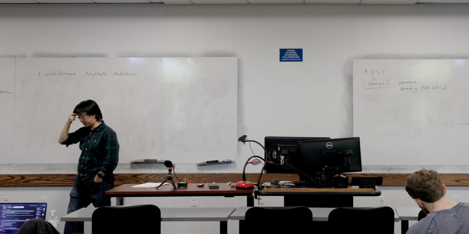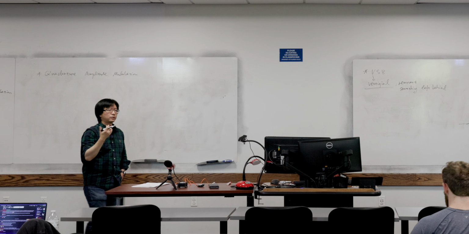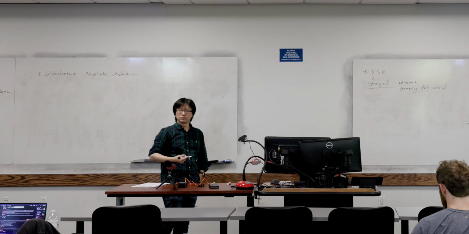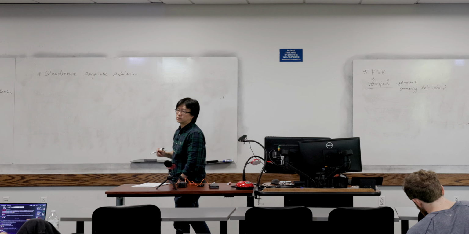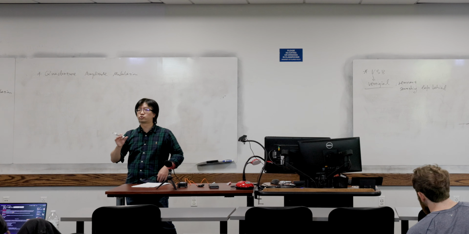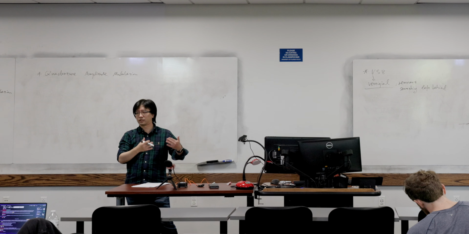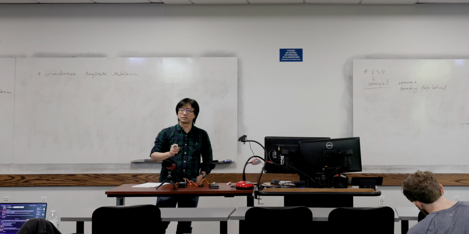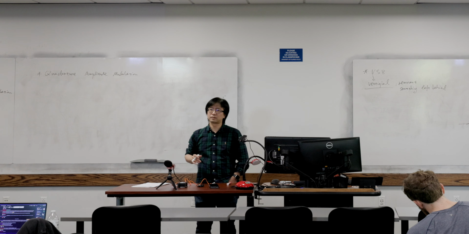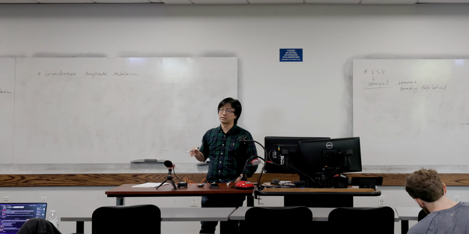Okay, so let's recall why we need SSB or VSB, right? The point of doing this is to save bandwidth, right? We only need half the bandwidth to transmit exactly the same signal as before, okay? But the disadvantage is that it's complex, right? The demodulation is very complex.